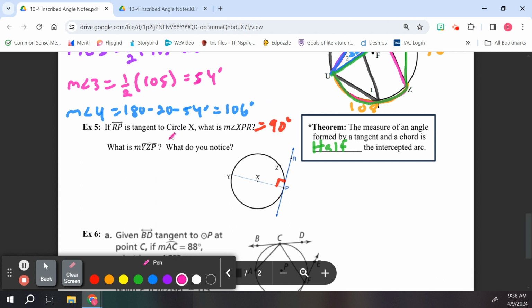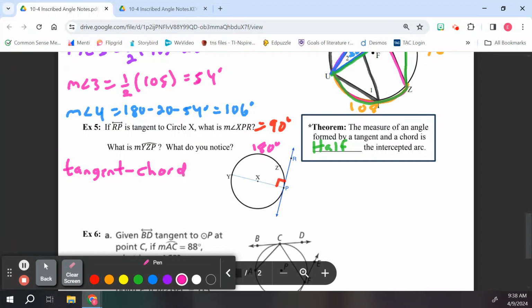And also, it says, what is the measure of arc YZP? So Y to Z to P, remember this is a semicircle because of this diameter. That's 180 degrees. So what we discovered here is the tangent chord theorem, okay?